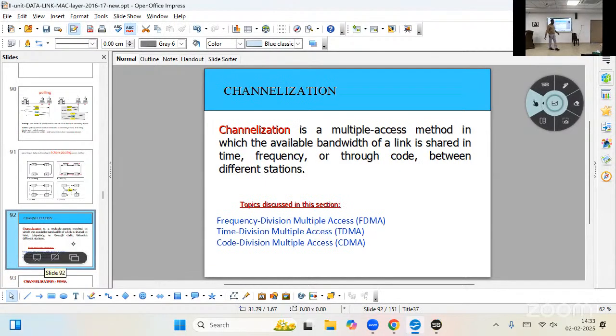Next, channelization. The last topic, channelization.